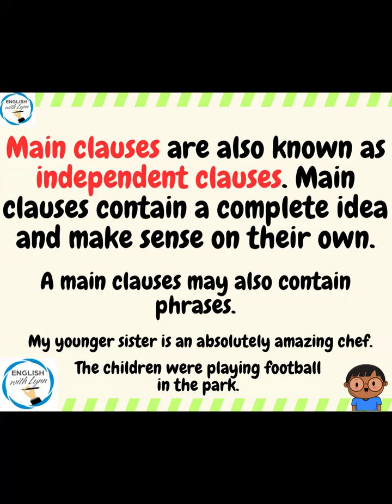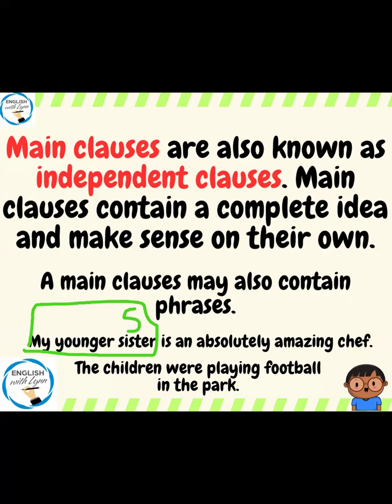So if we look at the first example here, my younger sister is an absolutely amazing chef. What I have here is my sister is the subject, but this is part of a noun phrase, my younger sister. So that there is a phrase.